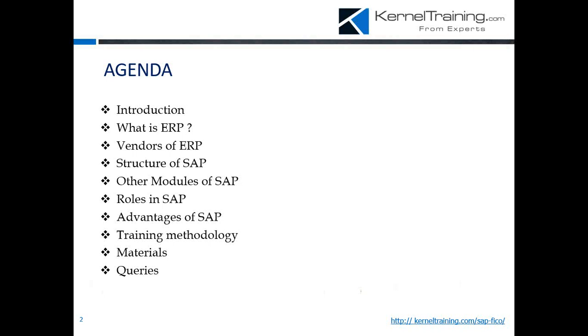And then what are the other ERPs that are available in the market, and why SAP is considered to be the prime among these ERPs. And then we are going to look into the structure of SAP, means the history of SAP, that when this SAP was founded and by whom, and what are the development stages or growth of SAP.